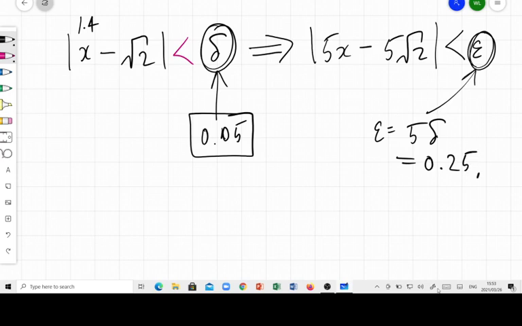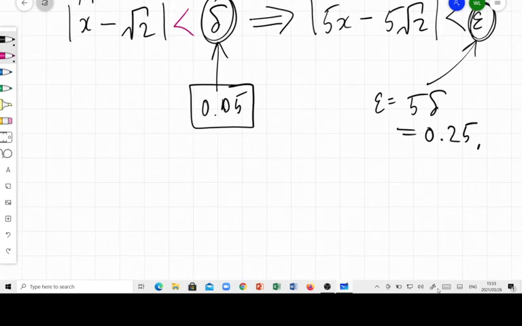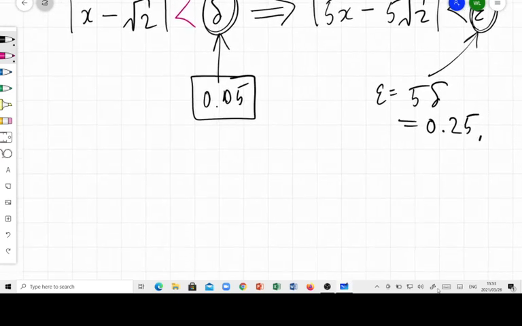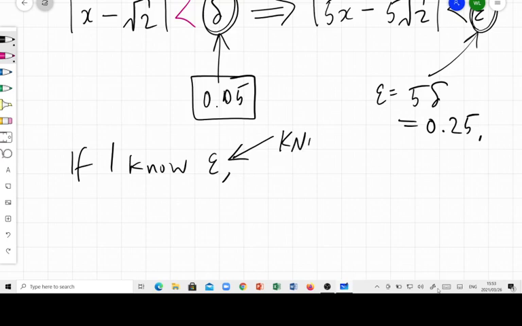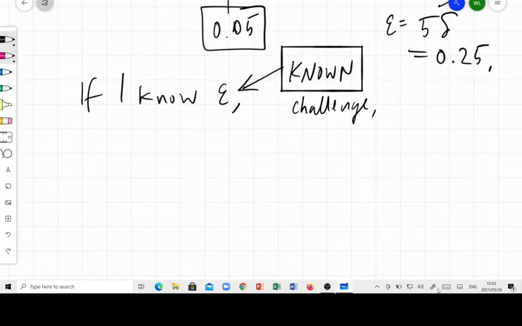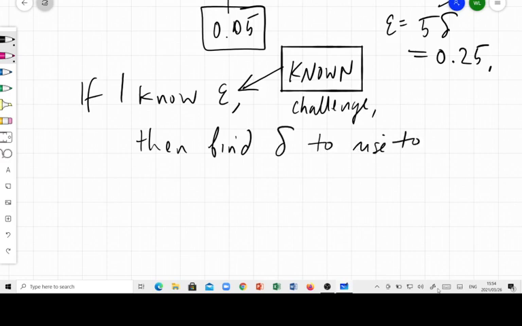Now, what happens in practice is that we normally work backwards. We normally think of the epsilon as the known, let's say it's some known challenge. So if I know my epsilon, then the question is to find a delta to rise to the challenge of the epsilon.